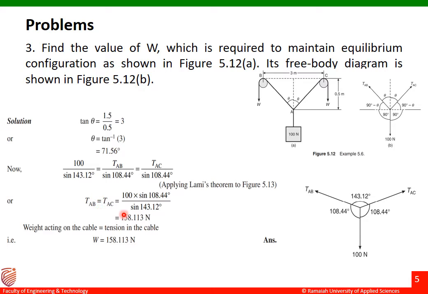Both TAB and TAC are equal here. As I told, W is equal to TAB and TAC. The weight acting on the cable is equal to the tension in the cable. If this is equal, then the system would be in equilibrium. So the value for W is 158.113 Newton. This completes problem number 3.